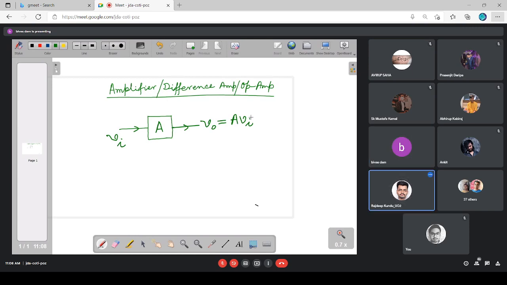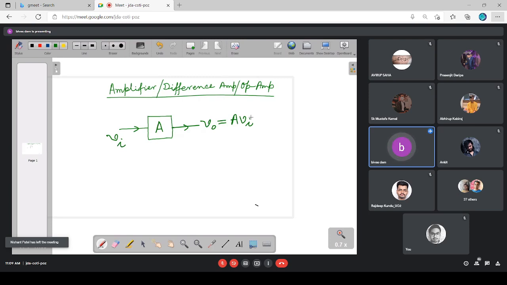That's coming from the DC supply voltage. So every amplifier must be equipped with some DC source, from where the enhanced output will be derived.